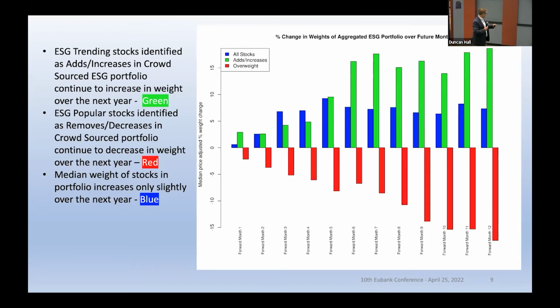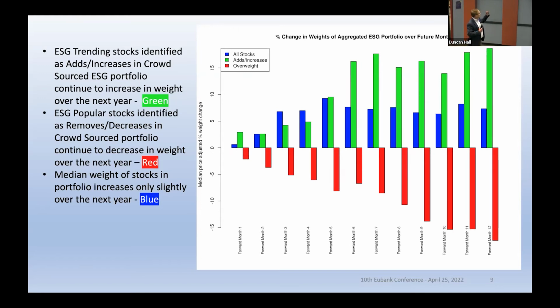Now we don't get the fund reports until the end of the second month, so those changes in the first 2 months aren't actually realizable. But what you can see is that for the popular names, over the course of 12 months, the median position size goes down about 15%.